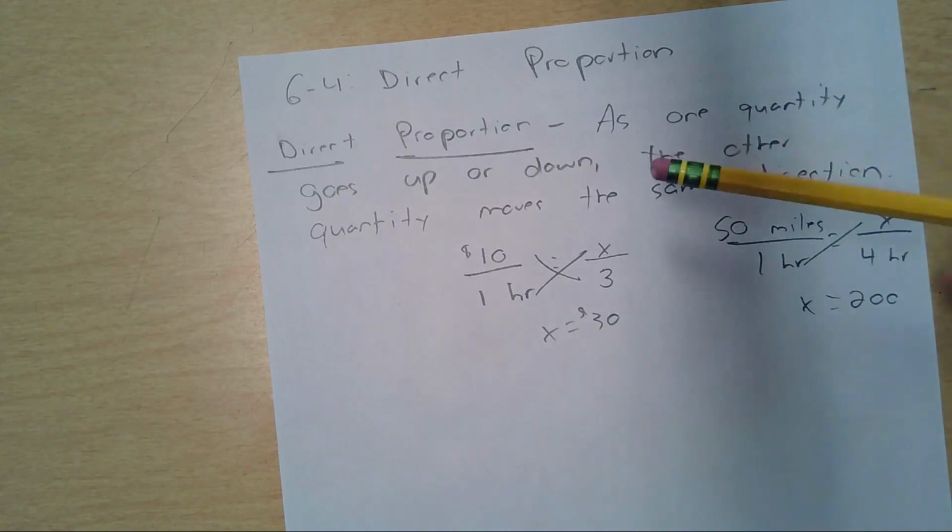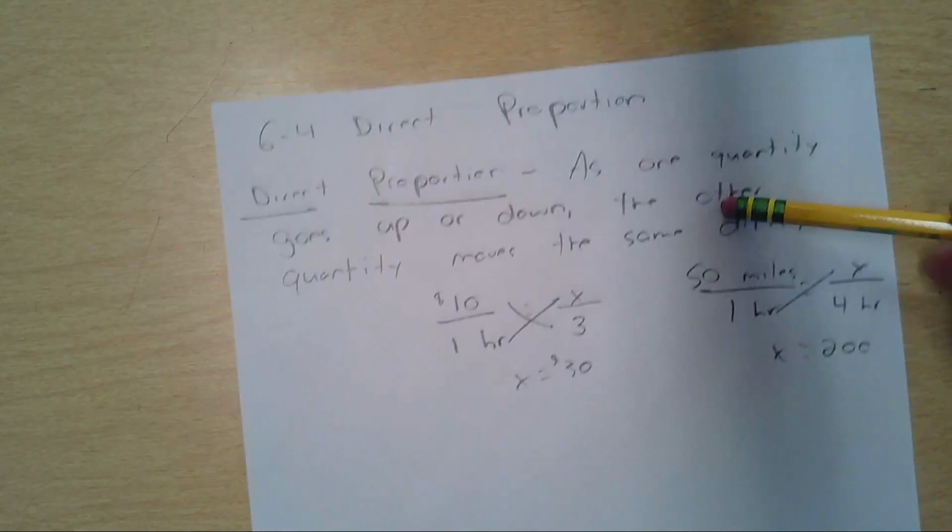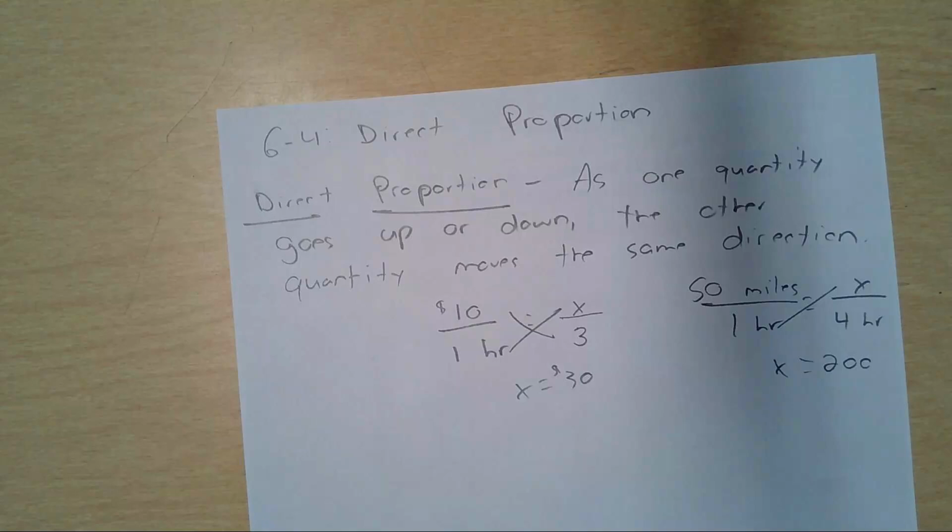Specifically, the opposite of a direct proportion is called an inverse proportion, and we'll deal with this later on this year. Inverse proportions are exactly opposite of a direct proportion. As one quantity goes up, the other goes down. They go in opposite directions. Say it takes 2 people 30 minutes to shovel the lot out there. What if I had 4 people do it? What would you expect the amount of time it would take?